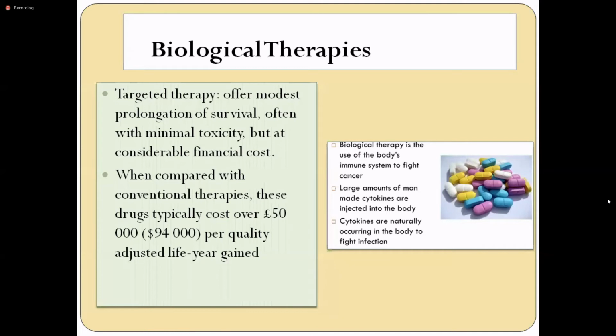So the same strength is used in cancer therapy, the use of our immune system. What's there in our immune system? We have many cytokines. We can artificially make these cytokines and use them as soldiers to fight against the cancer cell.